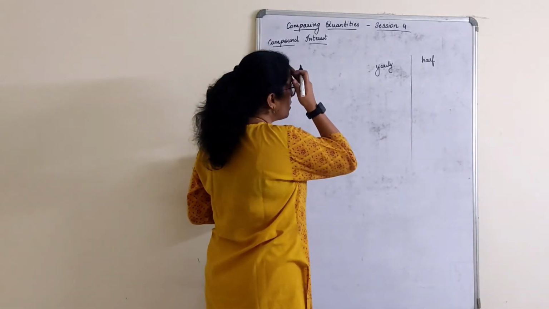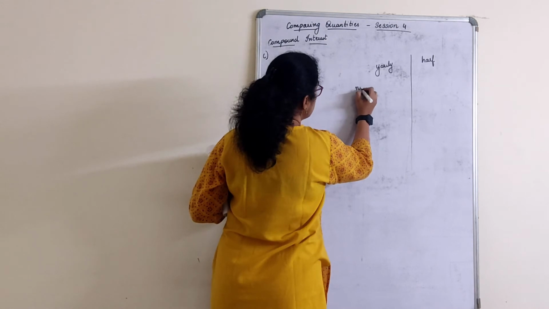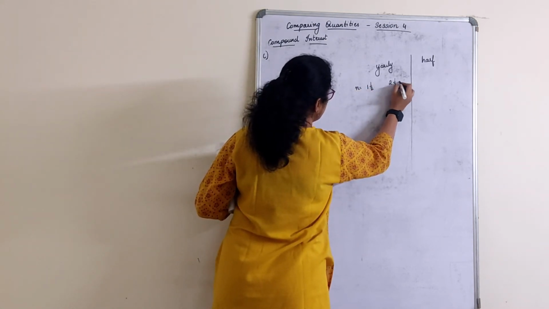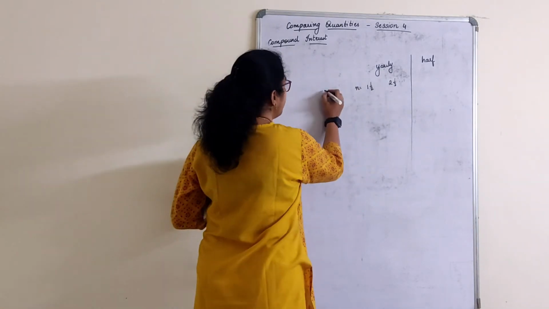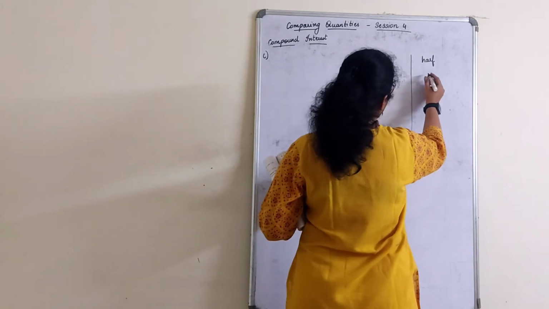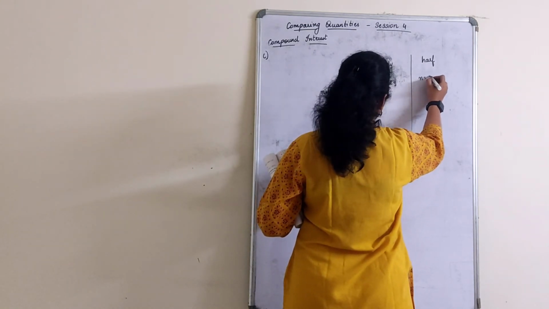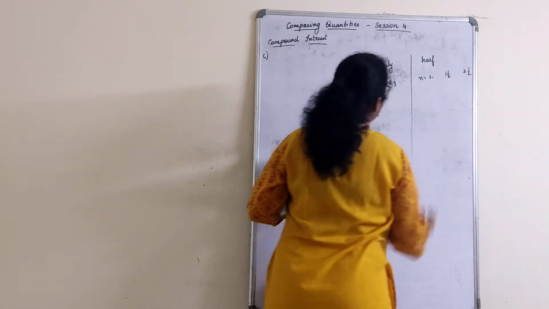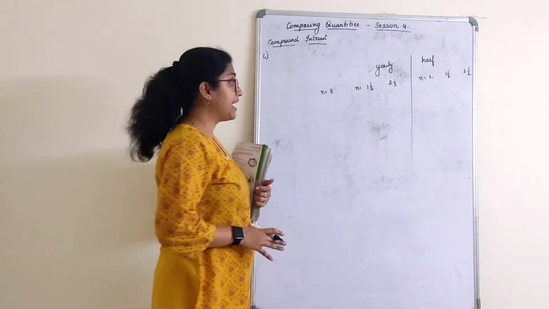Now compounded yearly, when we have n is equal to 1.5 years, then we have 2.5 years, and so on. Or we have n is equal to directly 3 years. Okay. Compounded half yearly, we again have the same idea. N is equal to 3 years, 1.5 years, 2.5 years. What we actually do?